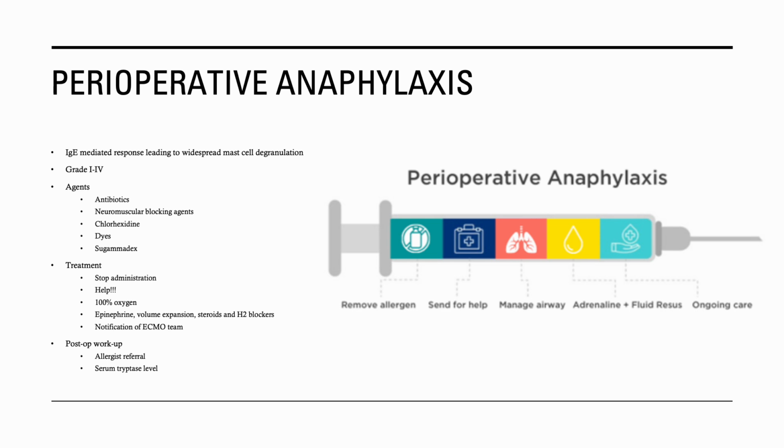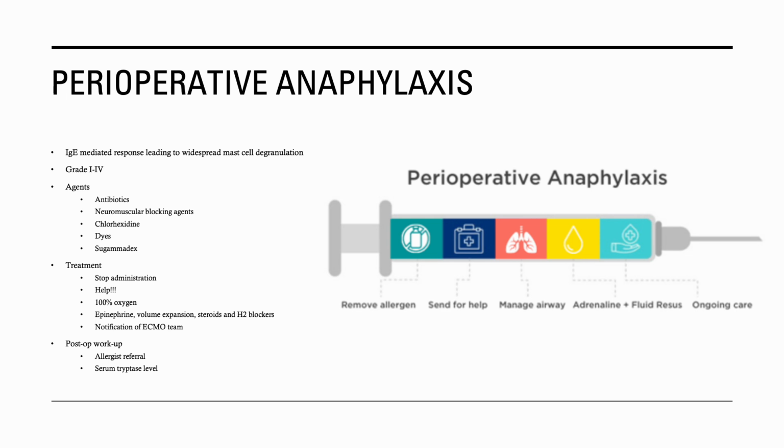Other pharmacology that we can turn to but won't work quite as quickly as epinephrine are steroids and H2 blockers. And the last point under treatment, if it looks like this is heading toward a grade 3 or a grade 4 anaphylactic reaction, and if this is available to you at your institution, it's wise to notify the ECMO team so that they can come as quickly as possible should the patient deteriorate to that point.